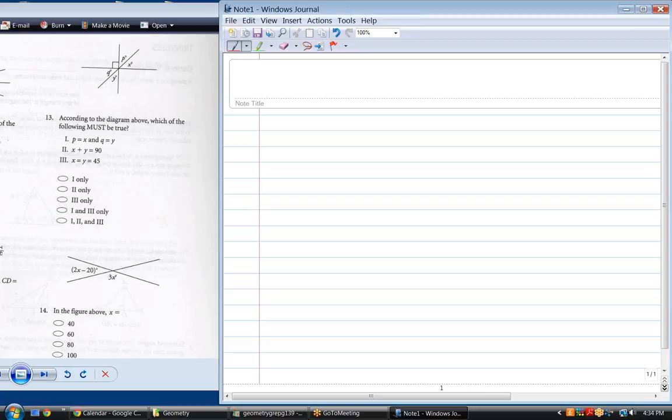Are we assuming that P plus X equals 90? Yes, which is a valid assumption because we can see this right angle right there, which makes that a right angle also. And this a right angle, and that a right angle.